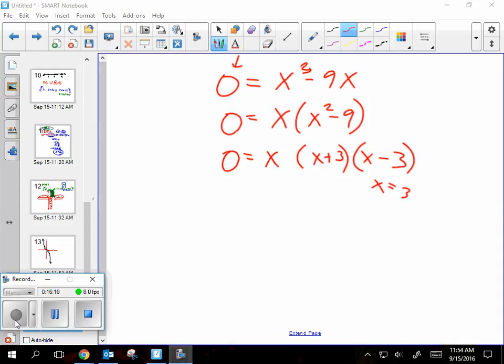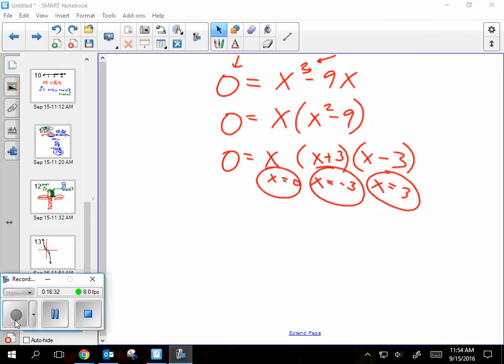X is 3, x is negative 3, and x is 0. There are 3 of them, which makes sense because whenever there's a 3 for a power, you're going to find there's 3 answers. If there's a 2 for a power, then you're going to have 2 answers. All right, so those are the 3. That problem was worth 2 points on our little quiz in class.